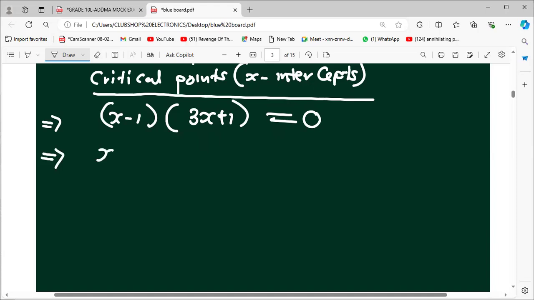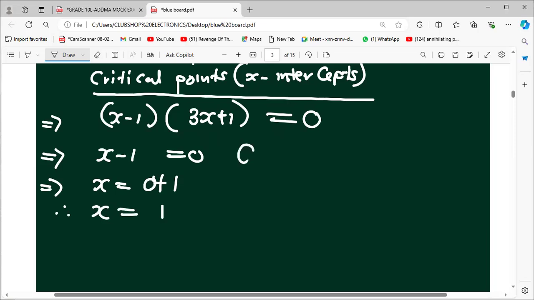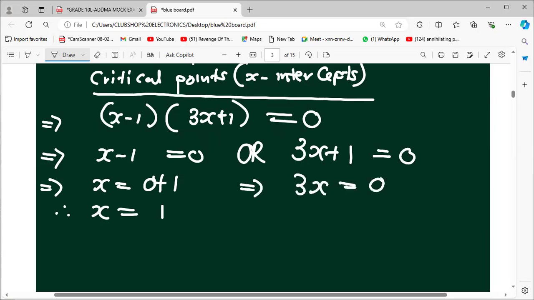It implies that x minus 1 equal to 0, which further implies that x is equal to 0 plus 1, and therefore x is 1, or 3x plus 1 equal to 0, implying that 3x equal to 0 minus 1.